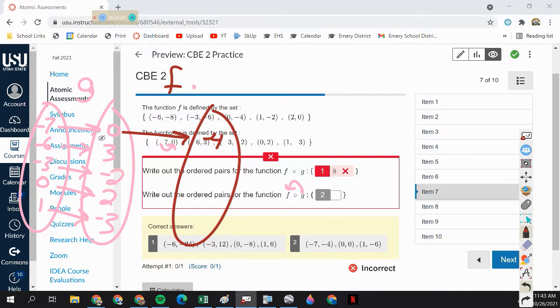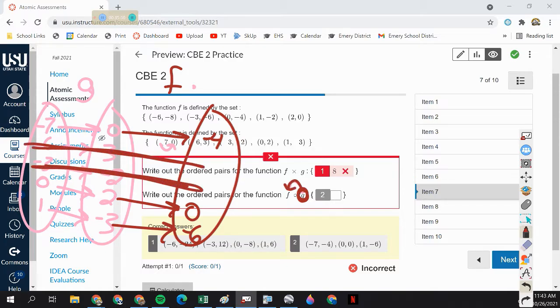What about 2? 2 goes to 0, and -3 goes to -6. Do you guys see how I did that? I did the g function first, and I plugged the answers of g into f, and some of them didn't work. So there is no work done right there.